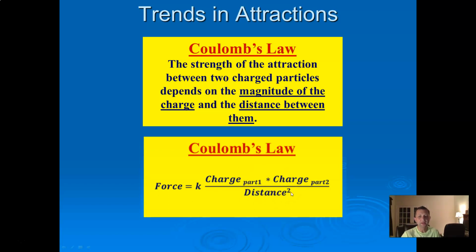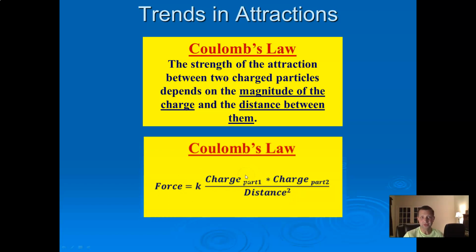Right? That's important. So if you look at this, what part of it do you think is going to have a bigger impact on that attractive force? Well, it's going to be your distance, because you're taking your distance and squaring it. If you double your charge, say from 2 to 4, you're just doubling it. But if you double your distance, you have to square that, so it has a much bigger impact on your force.